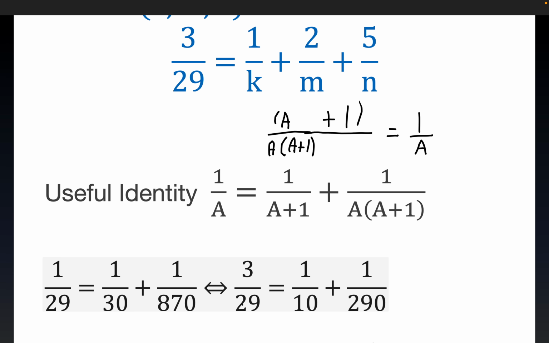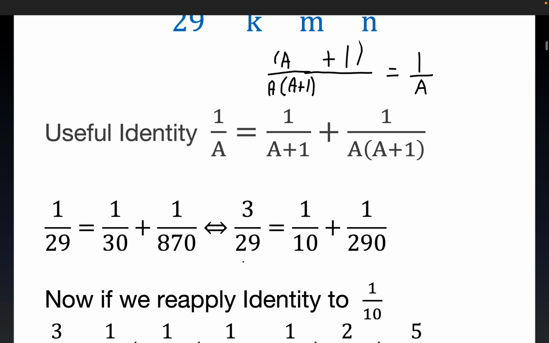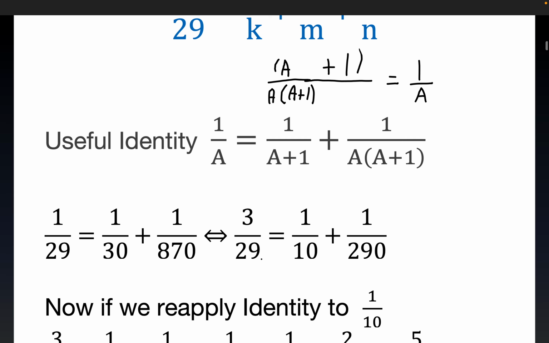Now, what we can do to make things more like what we start with is multiply through by 3. Okay, y'all, I multiplied this whole object by 3 to get 3 over 29 is equal to this, but it still looks like, well, what are we going to do? Because you need 3 summands on the right-hand side. So you can actually reapply that same identity, rinse and repeat.